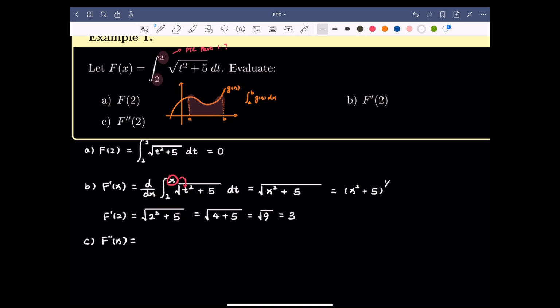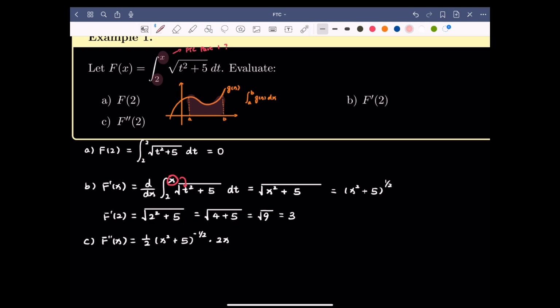This is basically x squared plus 5 to the power of 1 over 2. So to differentiate that, that's going to be 1 over 2 times x squared plus 5 to the power of negative 1 over 2. And then don't forget the chain rule, so multiply by 2x because of the chain rule.